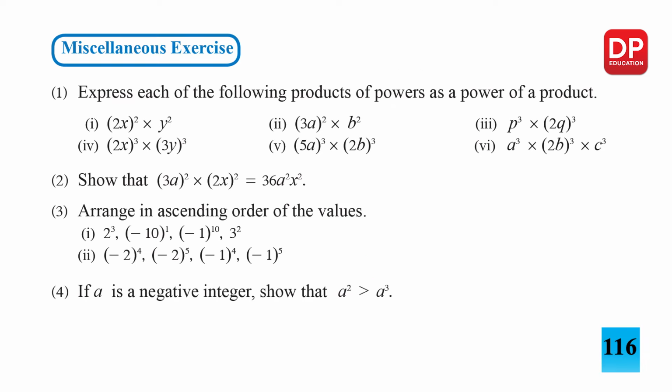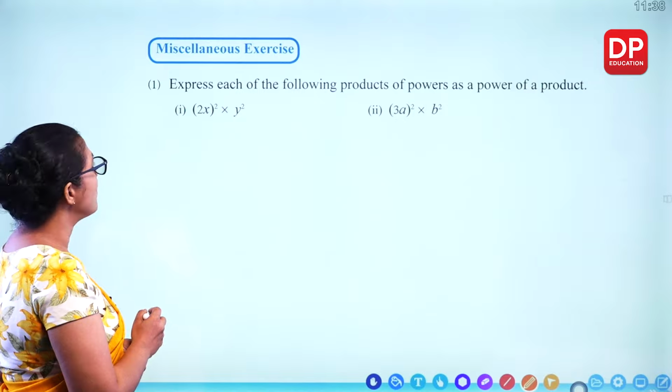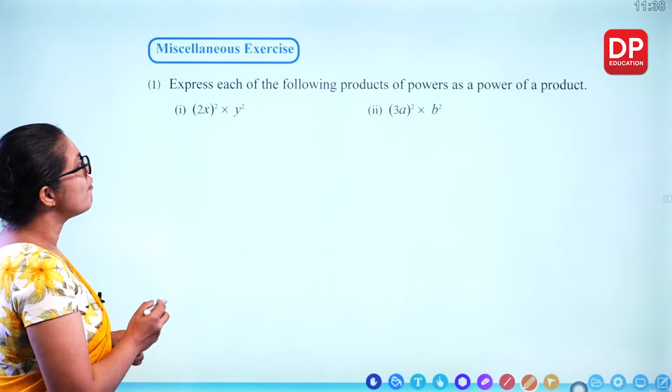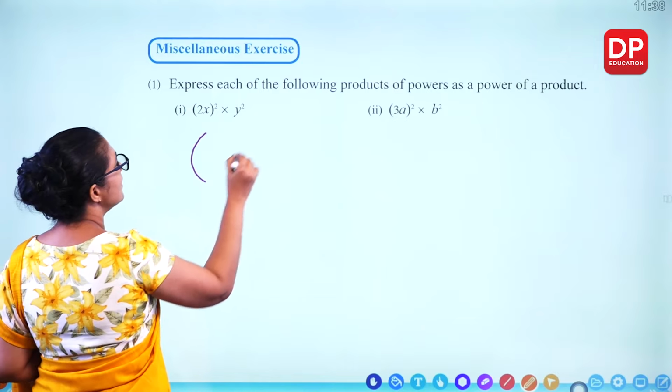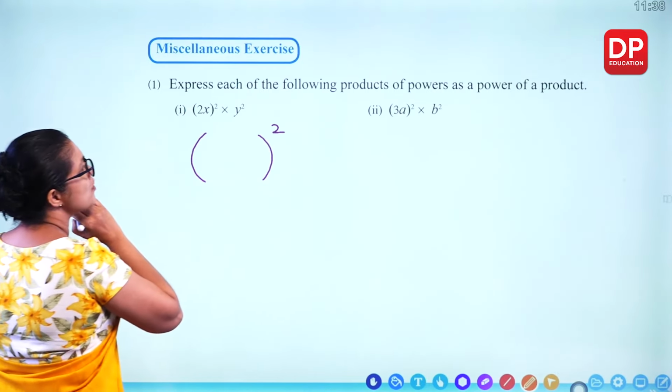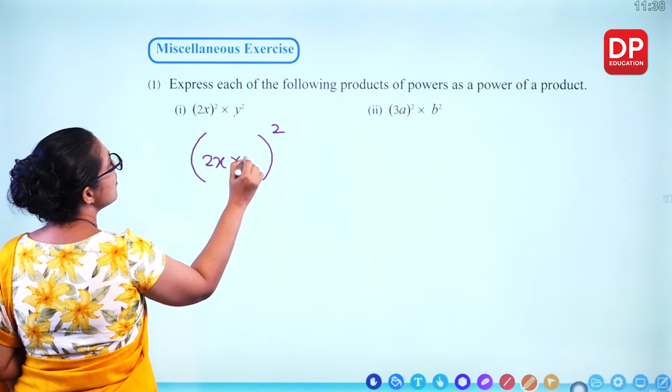Miscellaneous exercise. Question number 1. Express each of the following products of powers as a power of a product. Look at this one. The same power 2 is there, so you can write 2 outside. What are the numbers inside? 2, x and y.